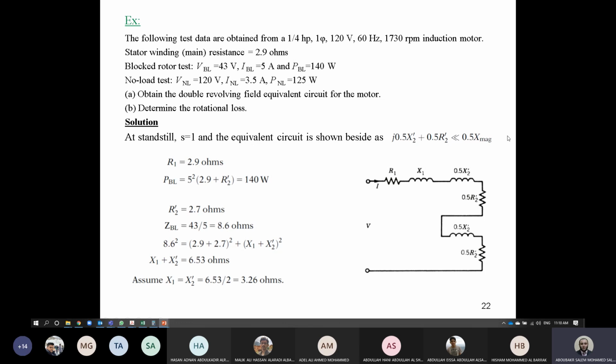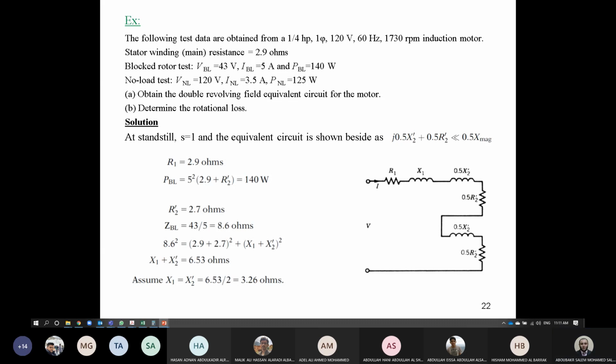Here, guys, the problem combines the normal operation of single phase induction motor and also a problem regarding parameters identification of induction motor. You learned previously in the E360 course the parameters identification of three-phase induction motor.